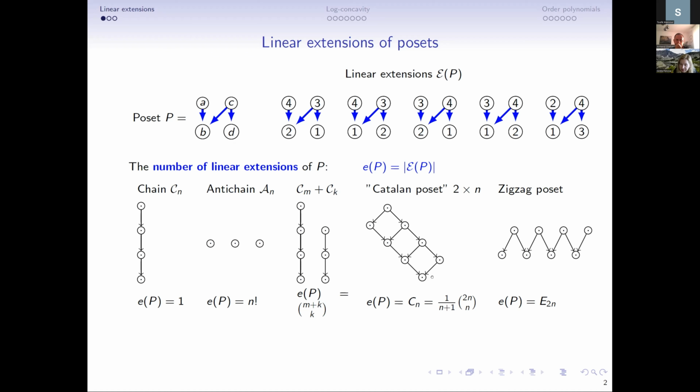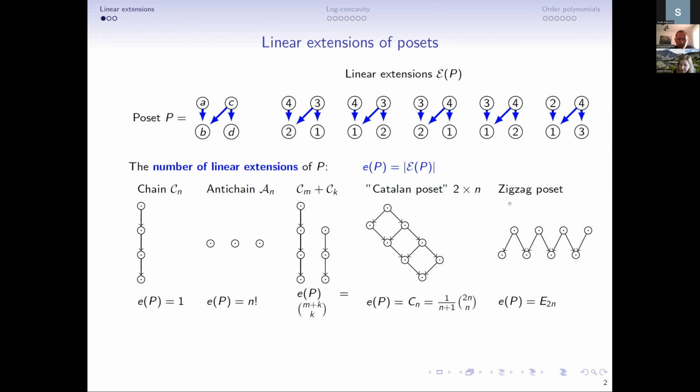If this is our partially ordered set, so these dots here are our elements, then this is a 2 by n Young diagram as well. It corresponds to lattice paths above the diagonal. So there are many interpretations for these numbers, but in the end, the number of linear extensions is our favorite Catalan number.